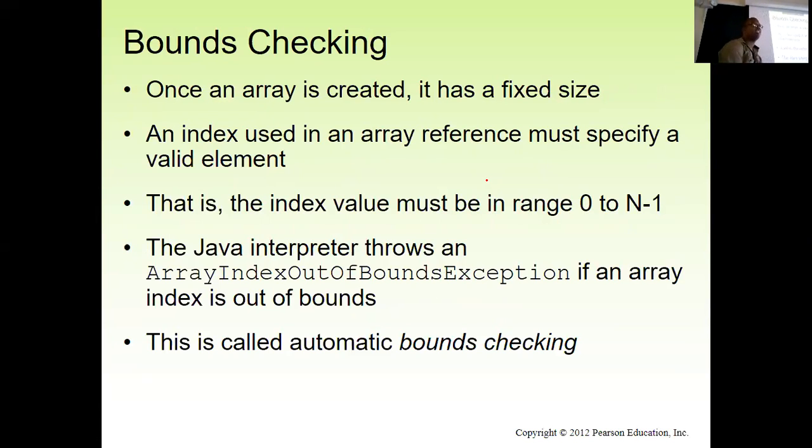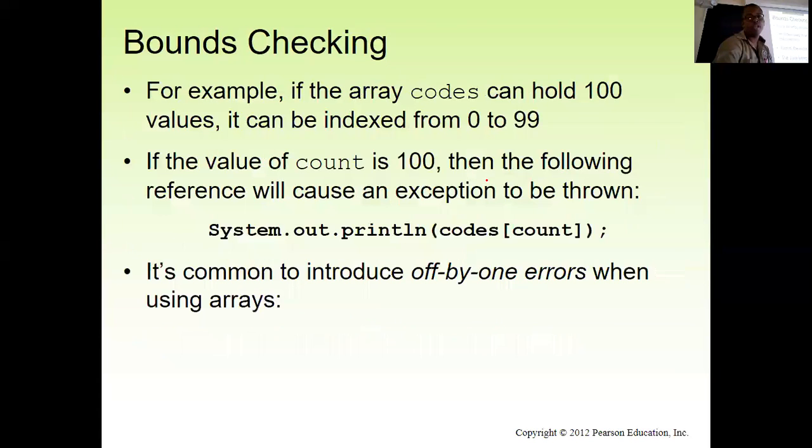The specific exception that Java will show you is called the array index out of bounds exception. So Java has a mechanism for checking the boundary of your array. If you try to access index -1, obviously that doesn't exist, you're going to get an error.